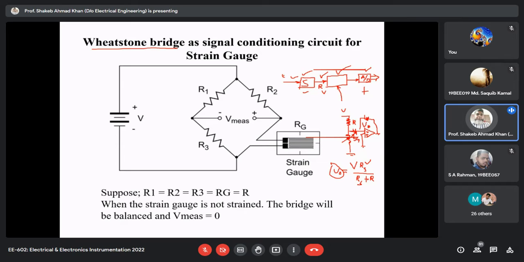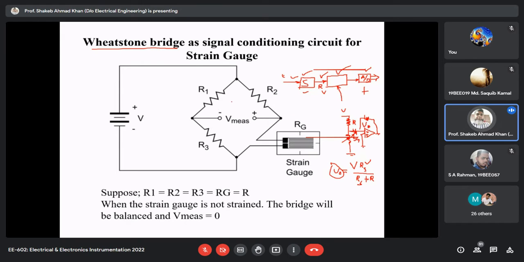So here we are using the Wheatstone bridge as a signal conditioning circuit for the resistive sensor, and in this case the resistive sensor is the strain gauge. Now what exactly is the Wheatstone bridge doing to the strain gauge signal? I am asking all of you. I described the stages and all.